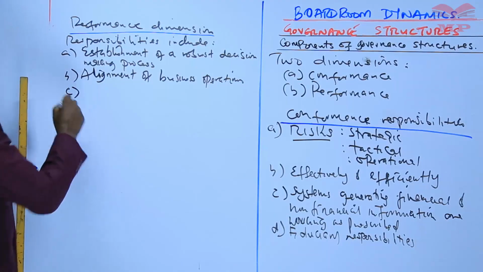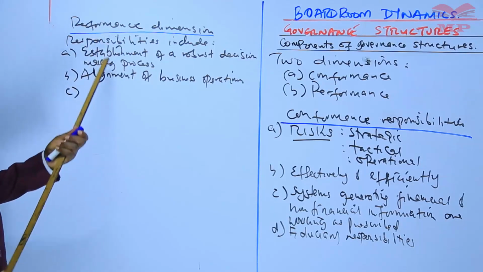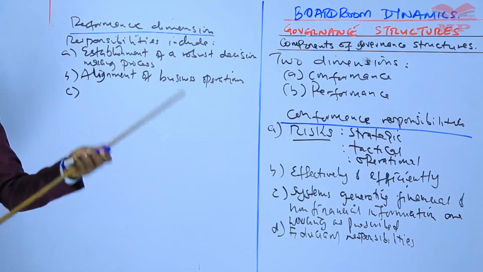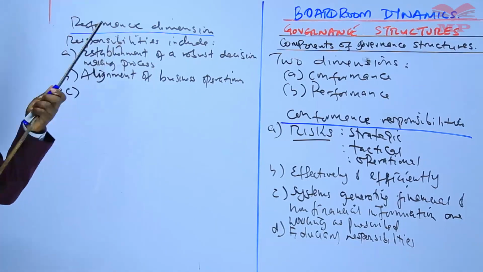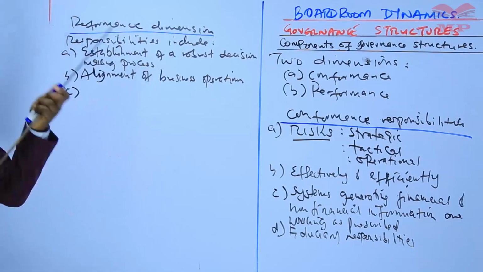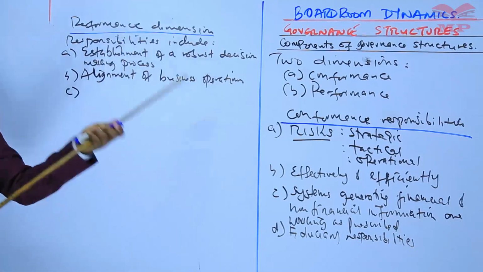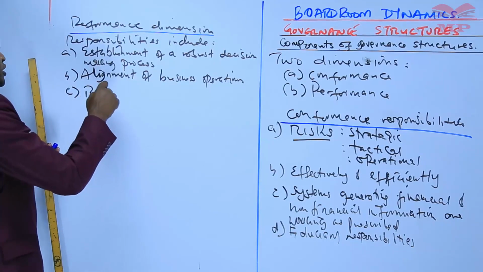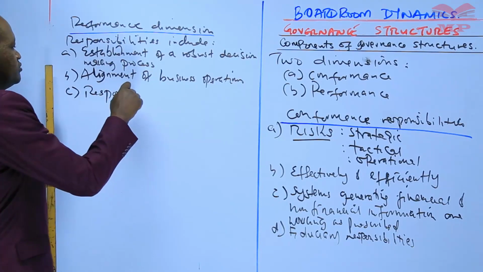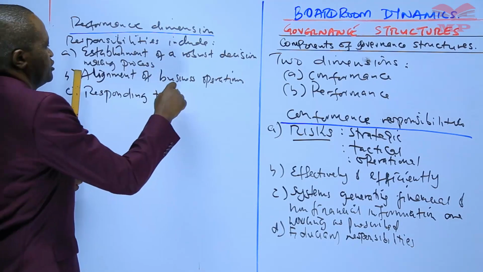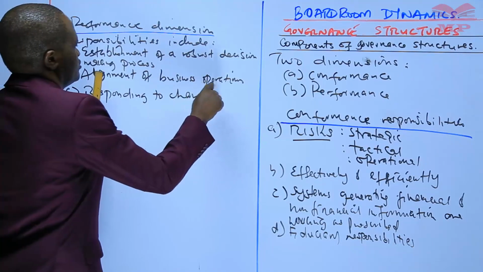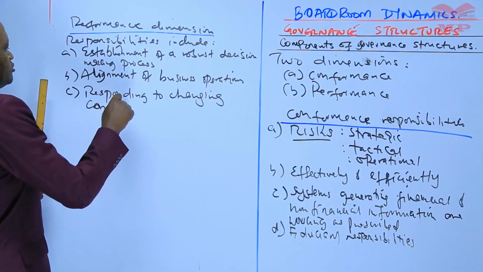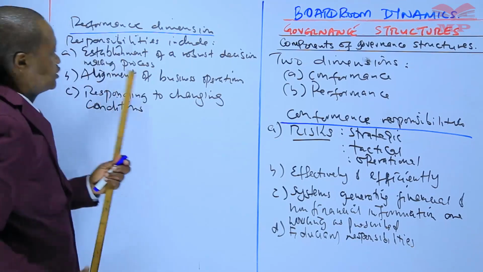Then, still under the performance dimension, responsibility may also include the identification of the critical points at which an organization needs to make decisions in response to changing conditions. Responding to what?